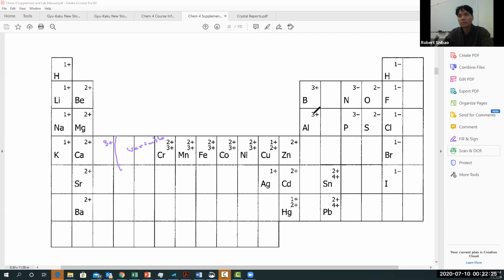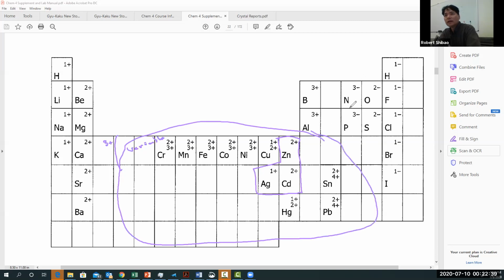So it's +3 here, it's +3 here, it's fixed and variable. And then we have this little island of fixed. All the rest are variable. +3, then -1, -2, -3. Or it could lose too, you know. Carbon's -4. Carbide is C4-.